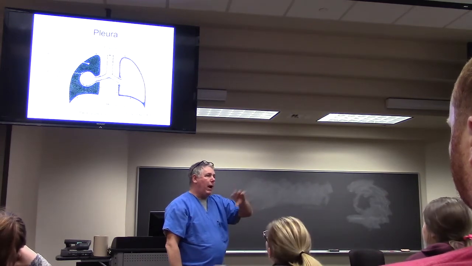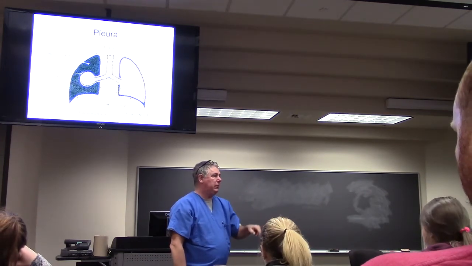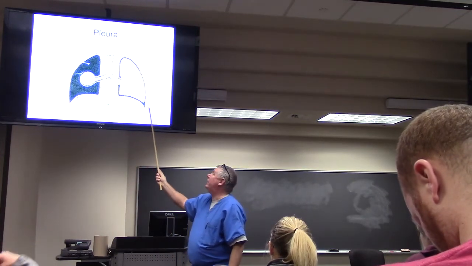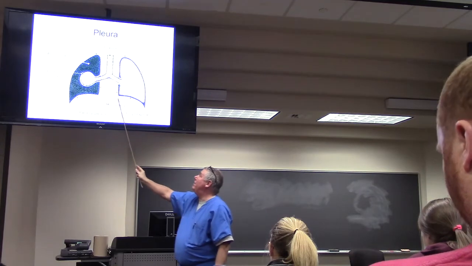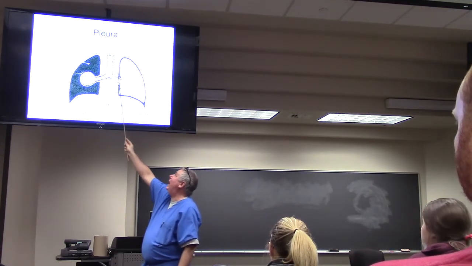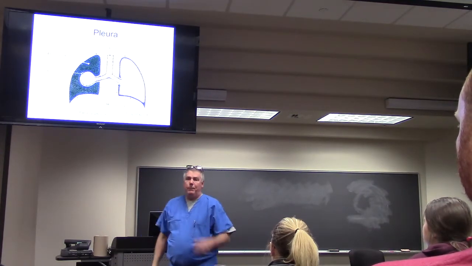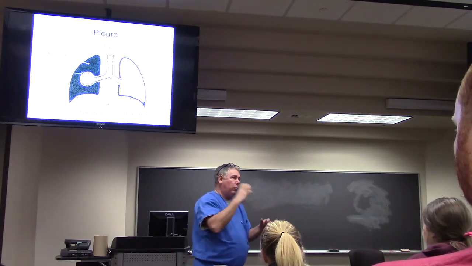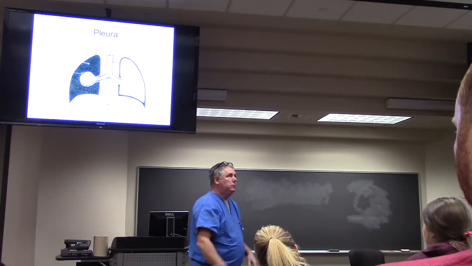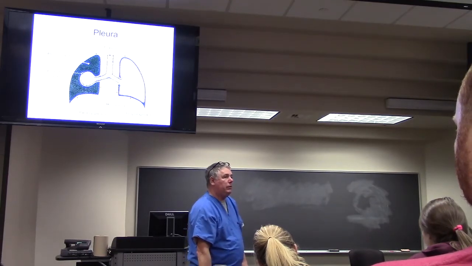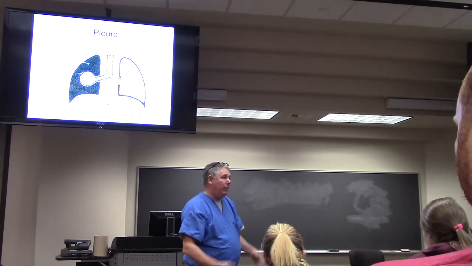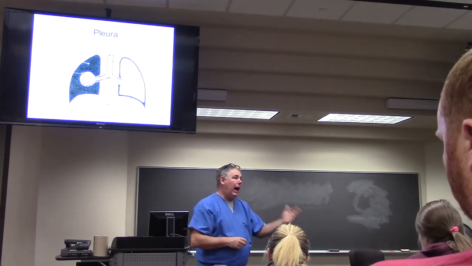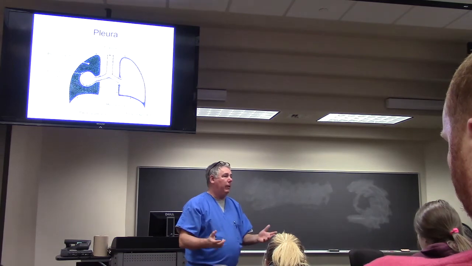You name the parietal pleura by its surface, whether it's against the diaphragm or against the ribs or in the middle against the mediastinum here. And then around where the lung bud grew in is called the root of the lung. It's also called the hilum. Hilum is the entry point of viscera. You have a hilum of the kidney, a hilum of the spleen, a hilum of the lung.